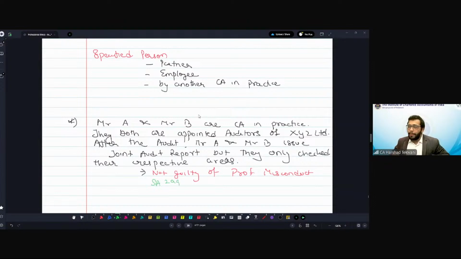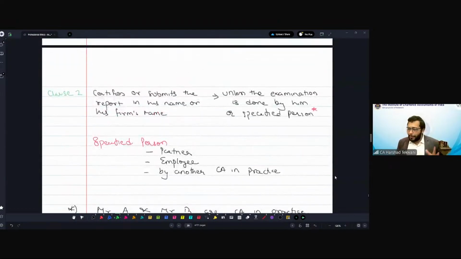They are not certifying beyond their work, and their work is mutually discussed and divided as per SA 299. Okay. Pretty straightforward, nothing complex over here. If no doubts, let's proceed to clause 3.